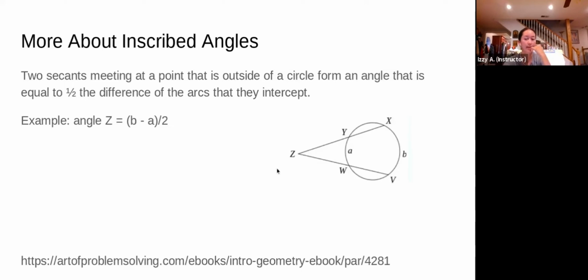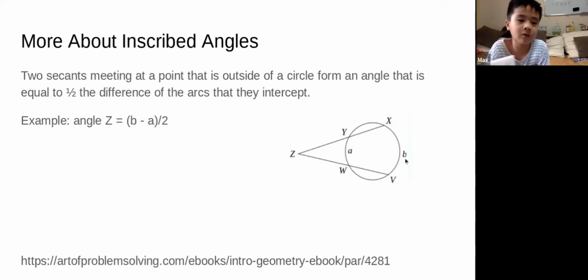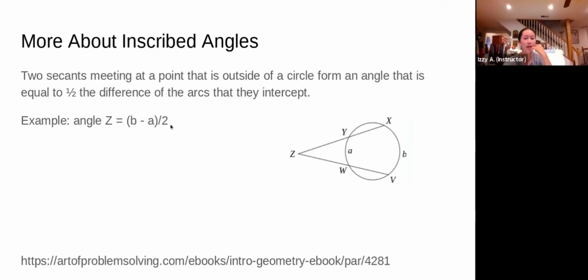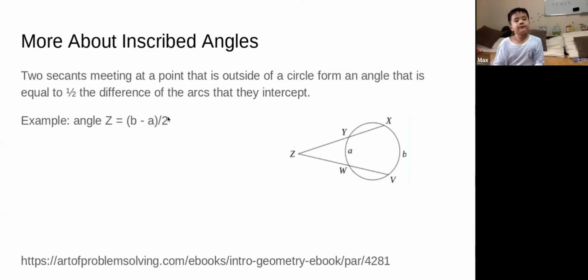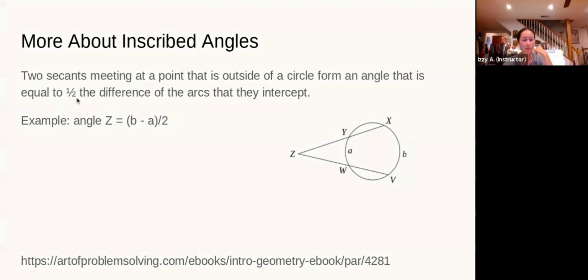Question. Is the angle G equals B times A over 2 or B minus A over 2? It's B minus A over 2. So you see 1/2, that's the divided by 2 part. So it's 1/2 the difference of the arcs that they intercept.